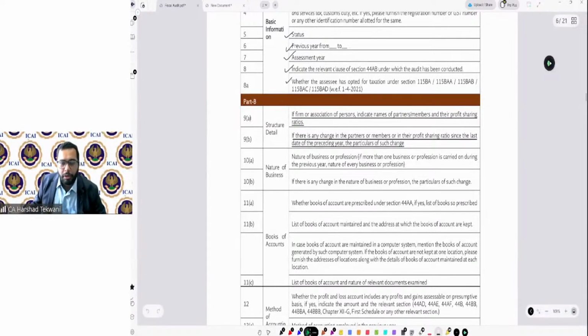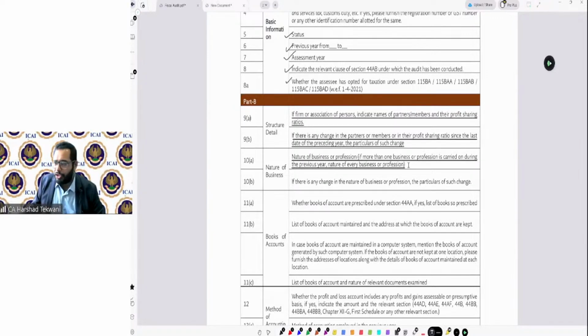Now 10A, 10B. 10A talks about the nature of business or profession. If more than one business or profession is carried on during the previous year, the nature of every business and profession is to be given. If there is any change in the nature of business or profession, give the particulars of such change.